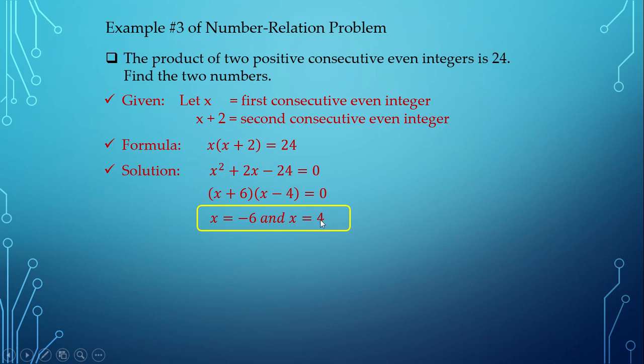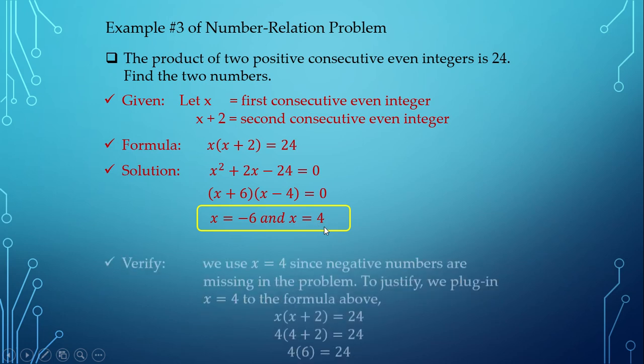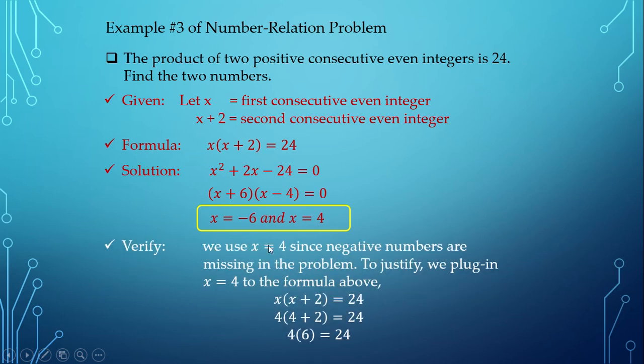So the one we will use is positive 4. Two positive consecutive even integers. Even means multiples of 2. So to verify, we will use x equal to positive 4, since positive numbers are missing in the problem.